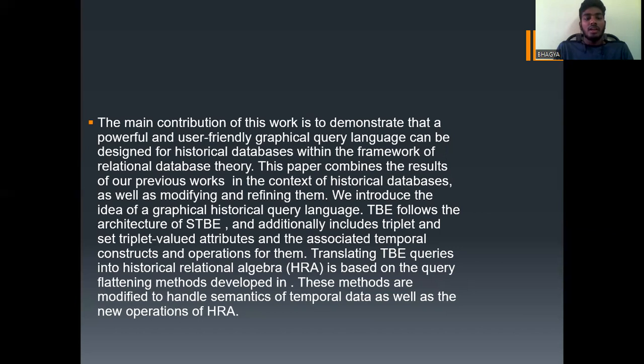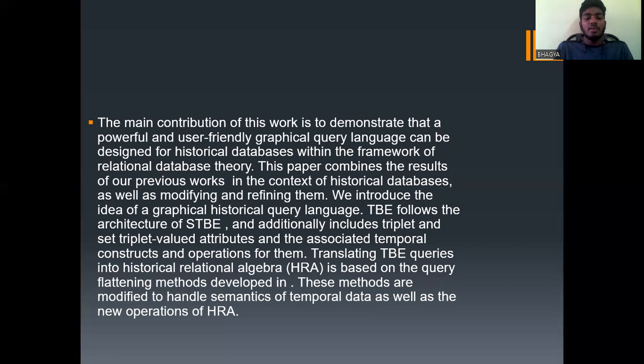We introduce the idea of a graphical history query language, TBE, Time By Example, which follows the architecture of STBE and additionally includes triplet and set-triplet-valued attributes and the associated temporal constructs and operations for them.